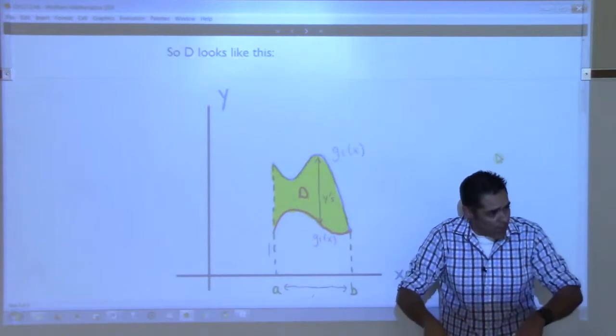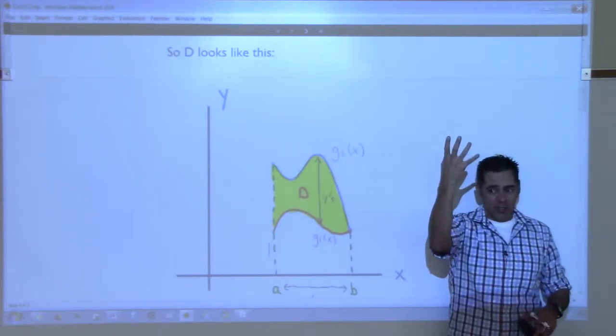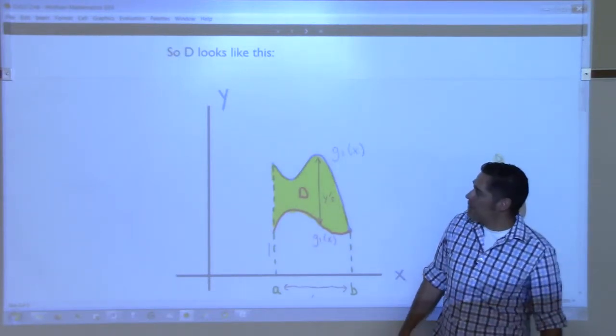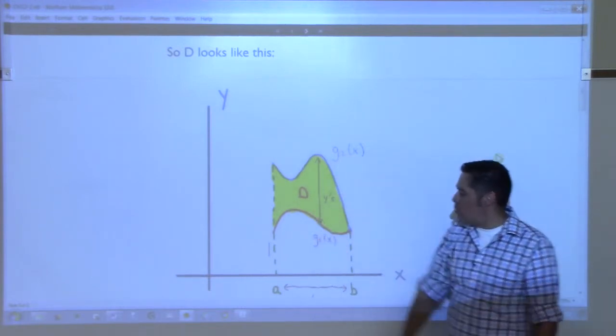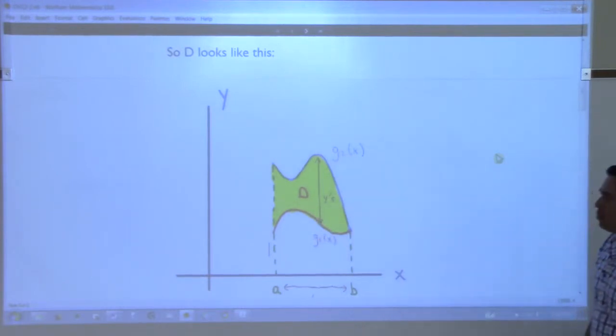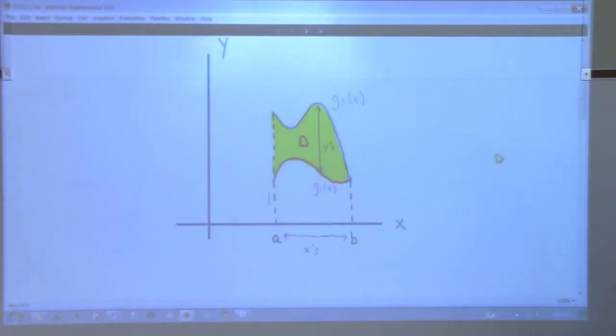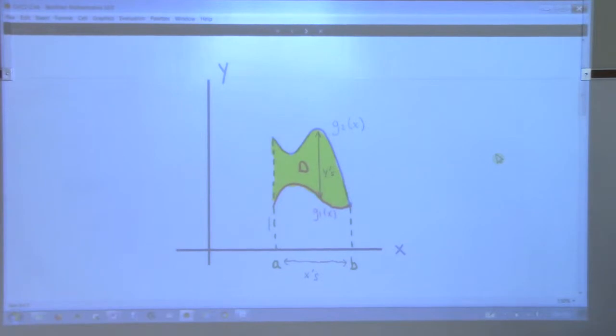This is the part that's on the ground that's getting plugged into the function. So we have a G2, which is the one on top, G2 of X, and then a G1 of X. That is what we call a type 1 region. Any questions as to visually what it is?